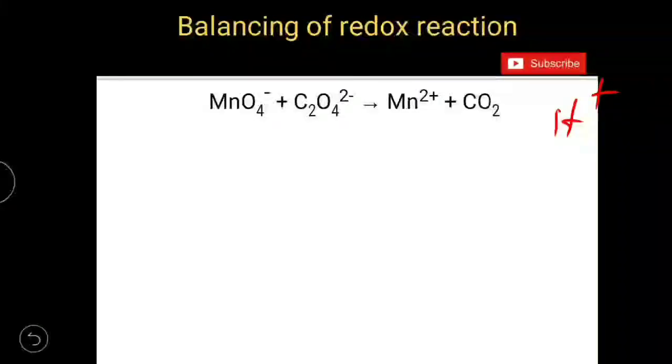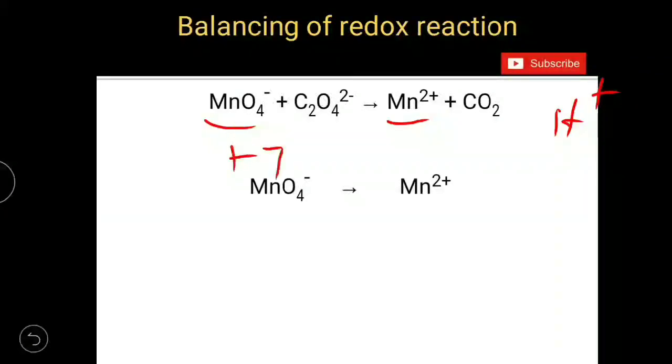To balance this reaction, first I am taking the conversion of permanganate into Mn2+. Oxidation state of manganese in permanganate is +7. Oxidation state of manganese in Mn2+ is +2. What is the difference in oxidation state? 5.